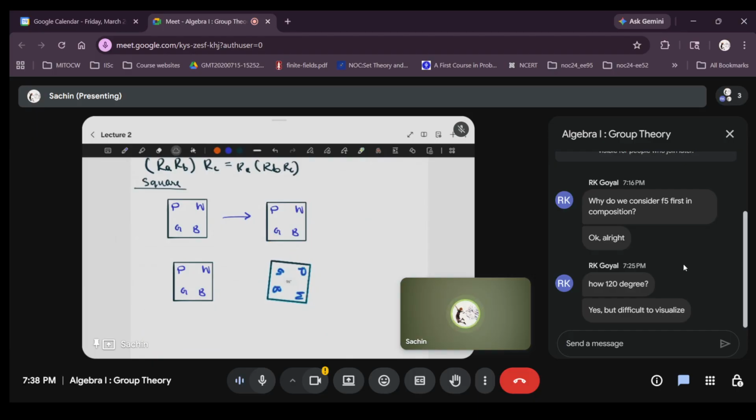So this is showing clockwise, but you can do it clockwise or counterclockwise, it will be the same. So this would be 90 degrees about an axis that is perpendicular to the plane, but at the center of the square.